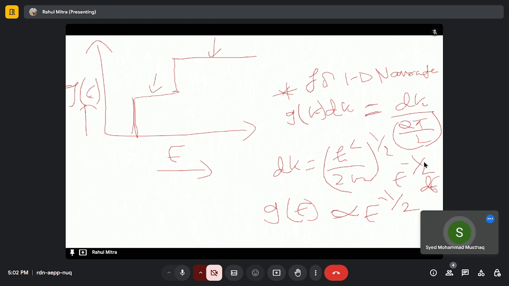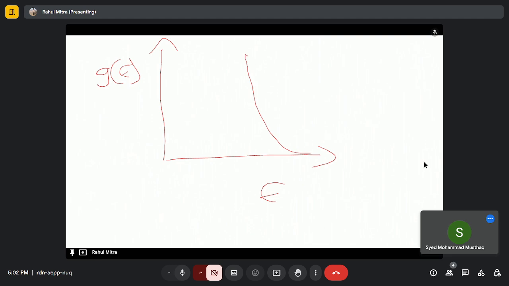And again, how does our density of states graph look like? It will look like this. It looks like spikes in the density of states.